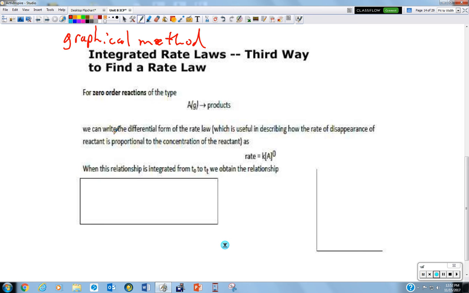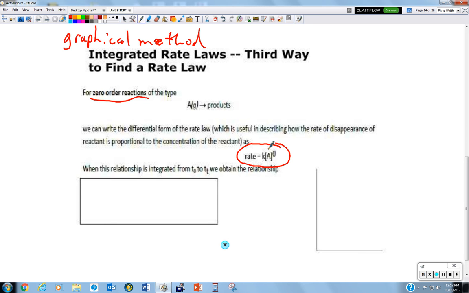So first one we're going to look at is a zero order reaction. If you were to write a rate equation or a rate law for a zero order reaction, you would have this: rate equals k times concentration of A raised to the 0 power.